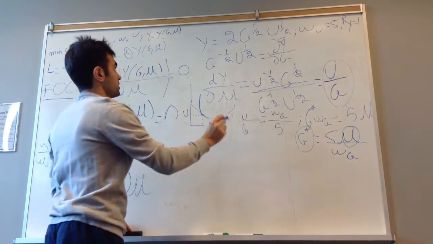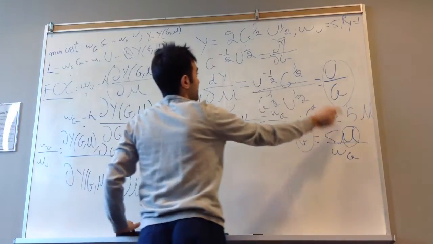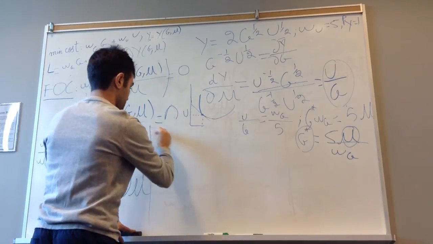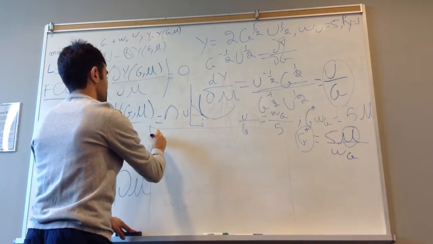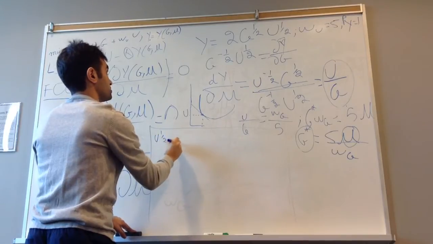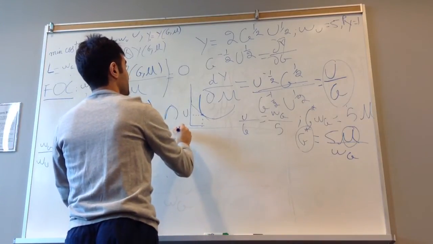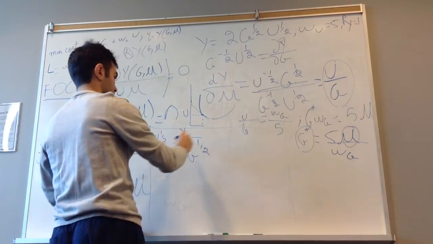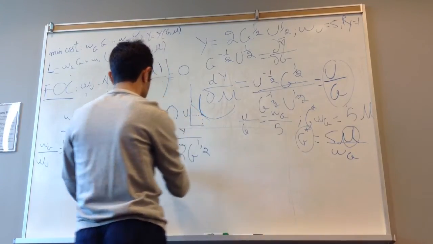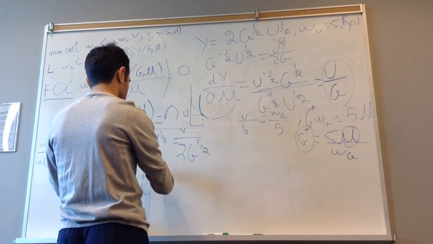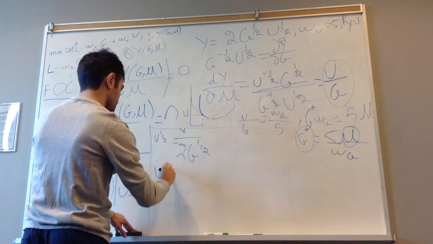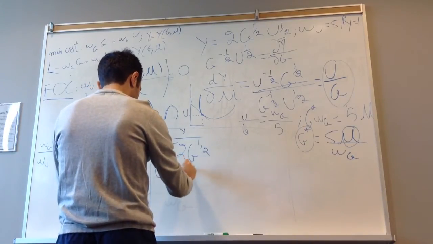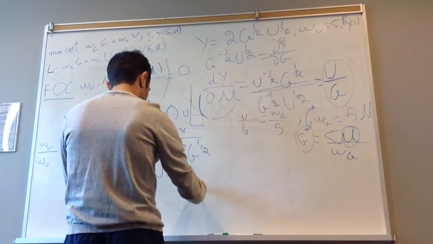We can find that from the production function: your U to the half is equal to y over 2G to the half, which means that U is equal to y squared over 4G.